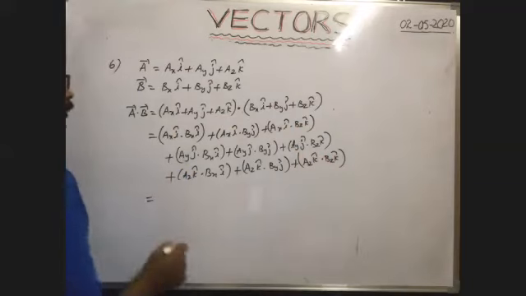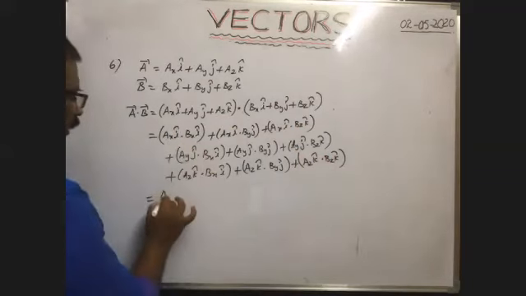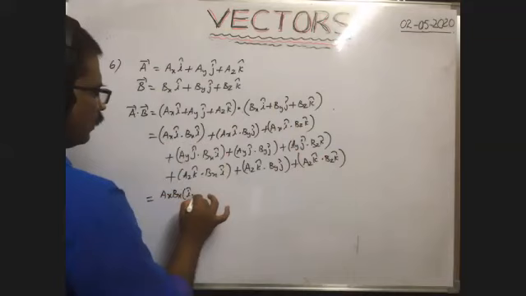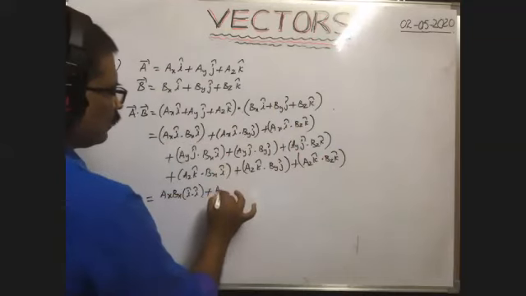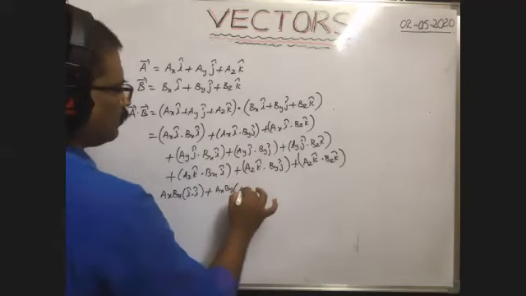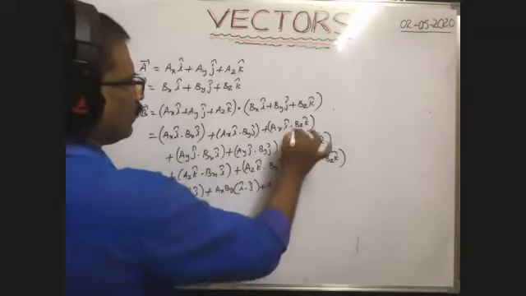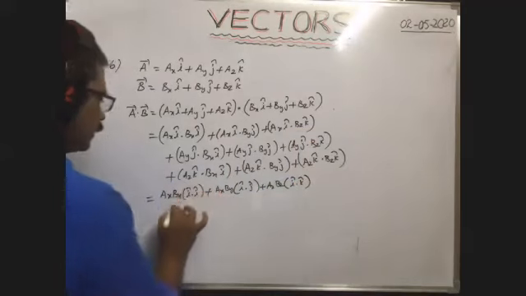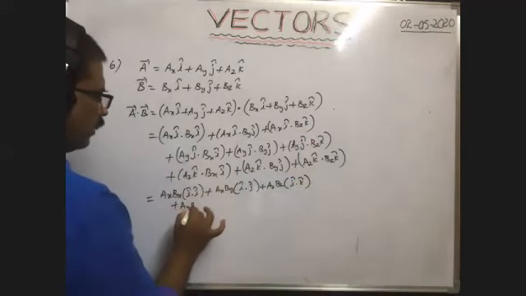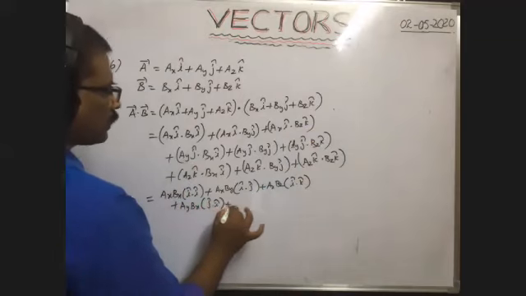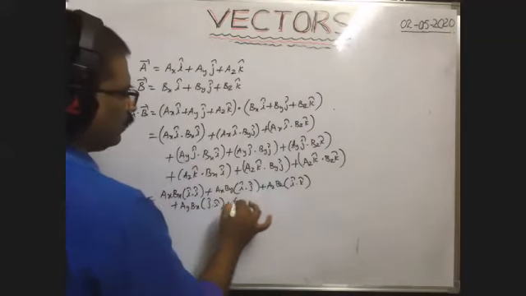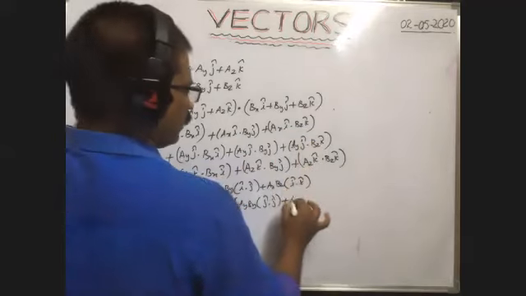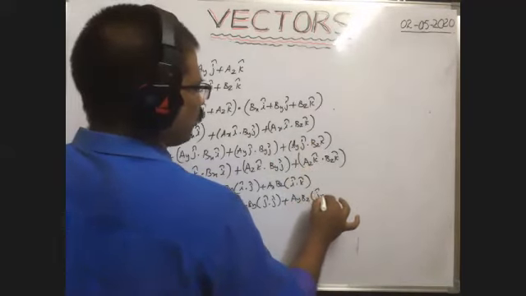Okay, this is equal to, you see, ax and bx are scalar quantities. That's why ax bx you can directly multiply as in algebra into I cap dot I cap, plus ax by into I cap dot j cap, plus ax bz into I cap dot k cap, plus ay bx into j cap dot I cap, plus ay by into j cap dot j cap, plus ay bz into j cap dot k cap.